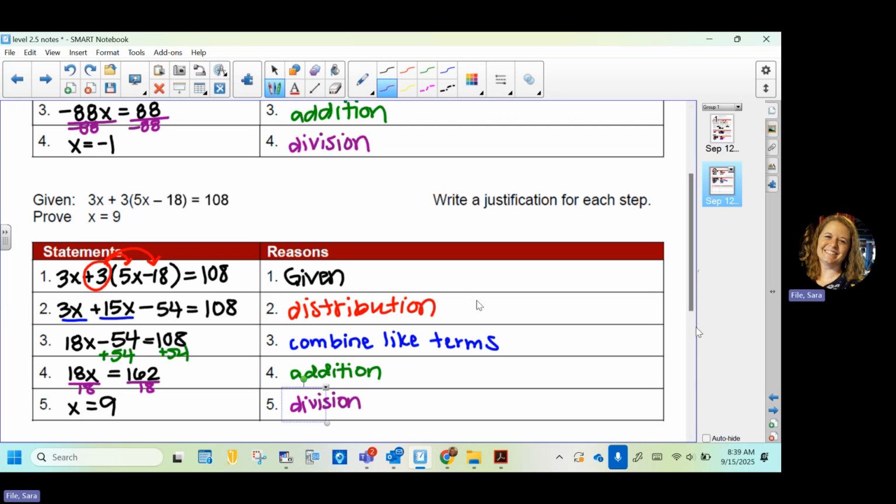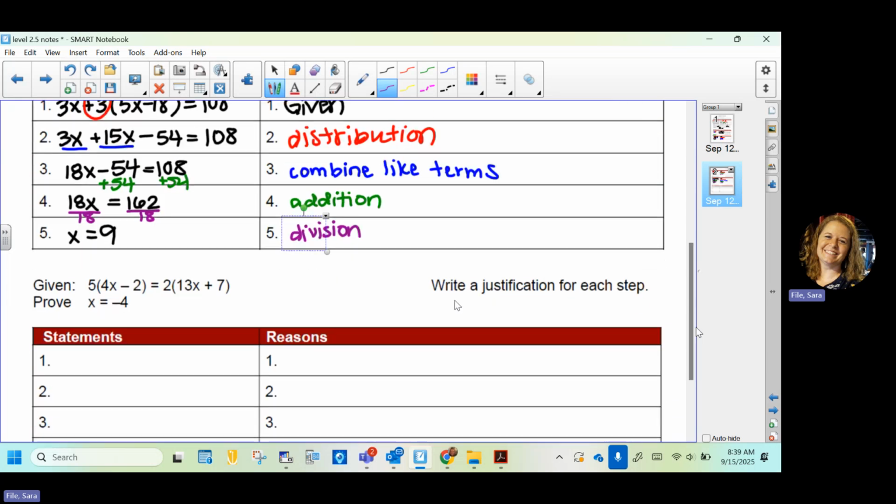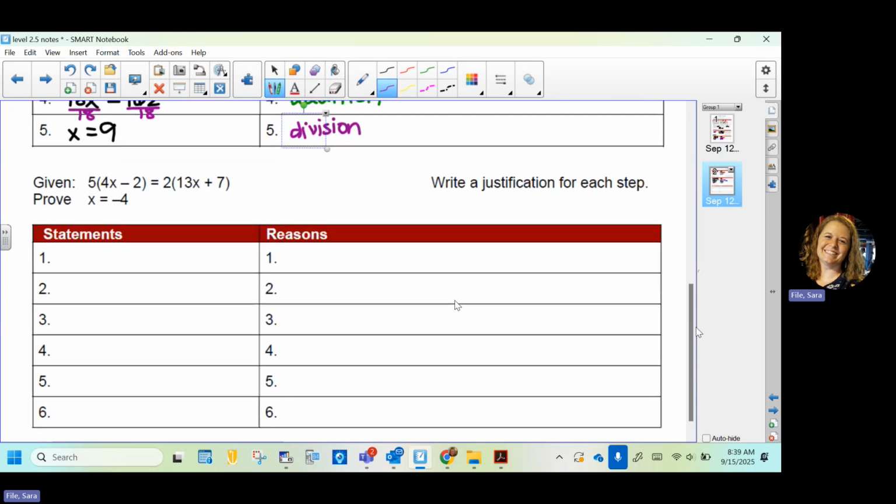All right, last but not least, this one's one step longer. This one has 6 lines. Okay, what is my first statement? The first reason is given. What is the statement? It goes in the statement column on the left.